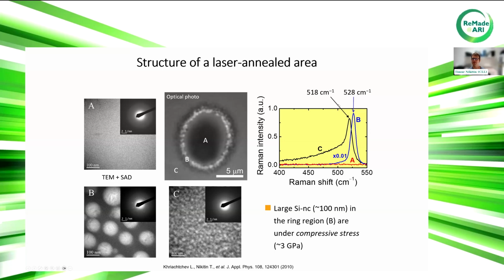The second is the shift of the Raman band by about 10 centimeters, and this shift corresponds to a compressive stress. Here we were able to estimate the stress from theory. It was about 3 gigapascal. So these large silicon nanocrystals are formed under compressive stress.